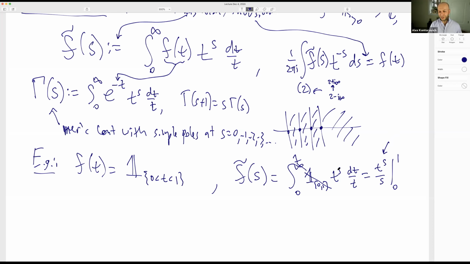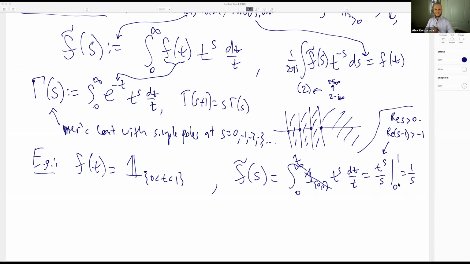For it to converge, I need the real part of s minus 1 to be at least -1. In other words, the real part of s has to be bigger than 0. Does that make sense? At 1, this evaluates to 1 over s, and at 0, it evaluates to 0. So I just get 1 over s.